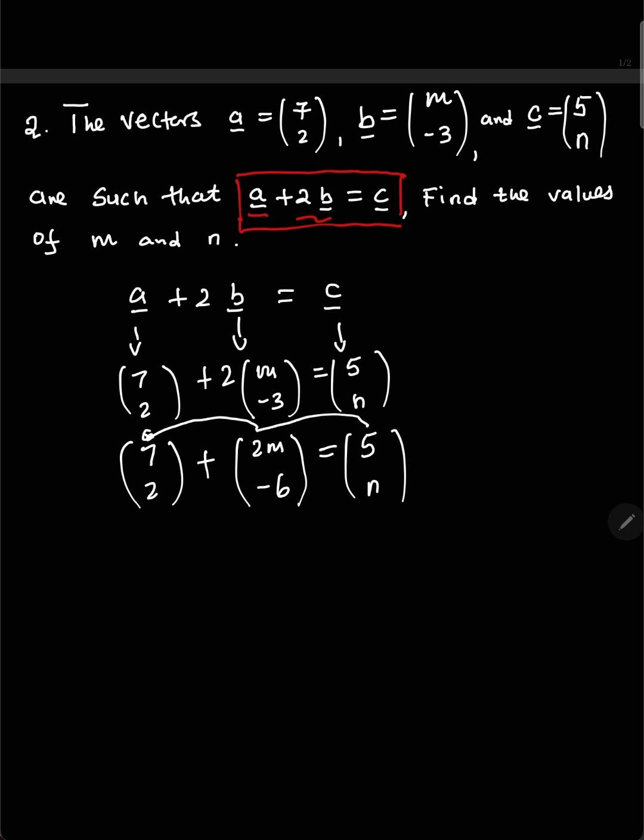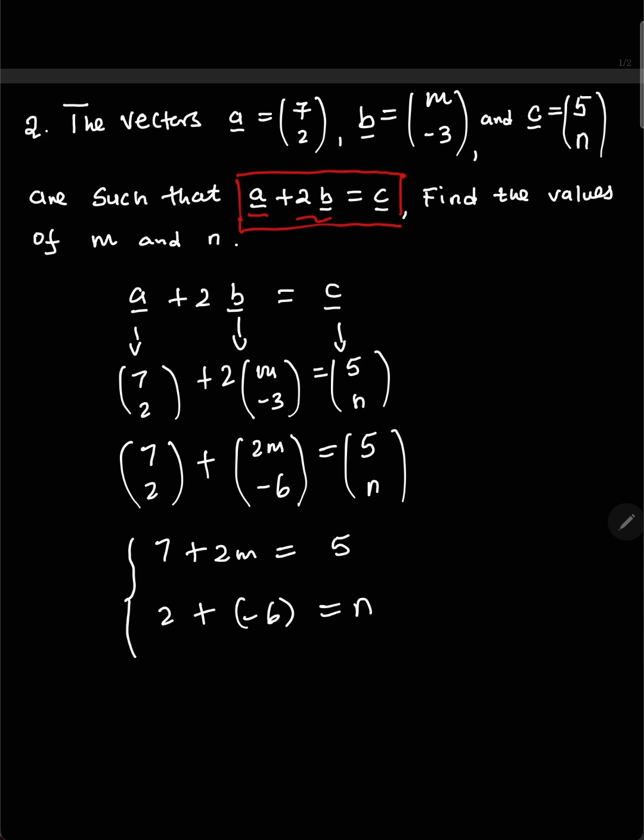Okay, and this added to that should give us that. Okay, so let's do it. So what it means here is that 7 plus 2m should give us 5. Apart from that, 2 plus negative 6 should give us n. That's how we're going to handle this.